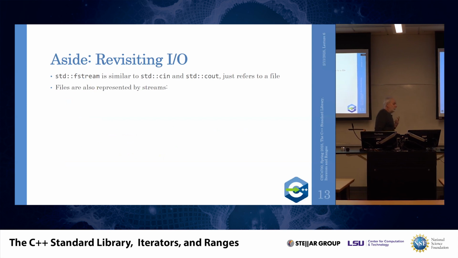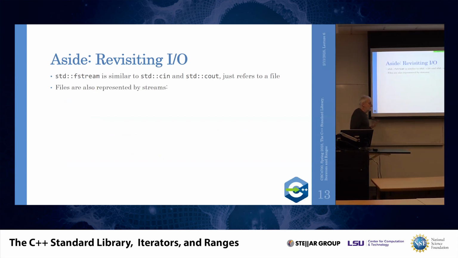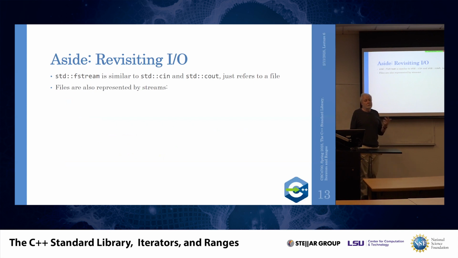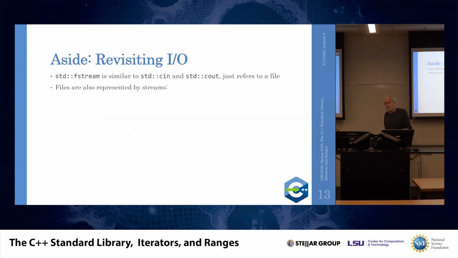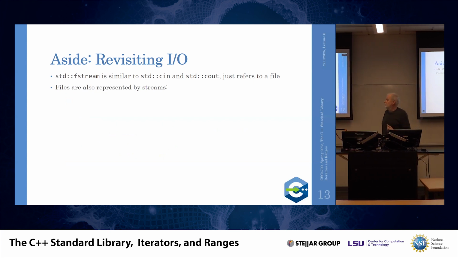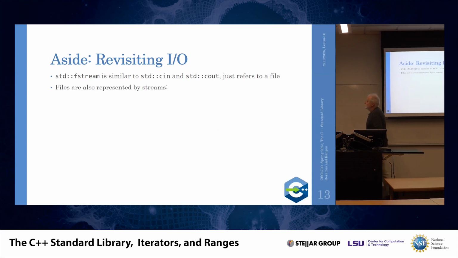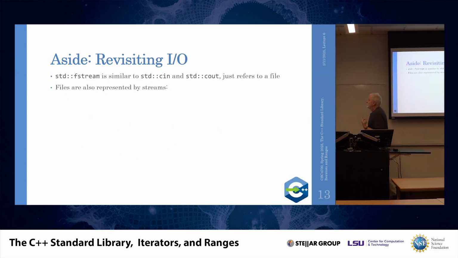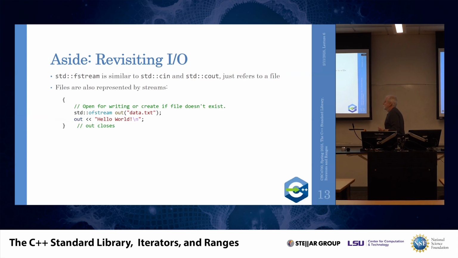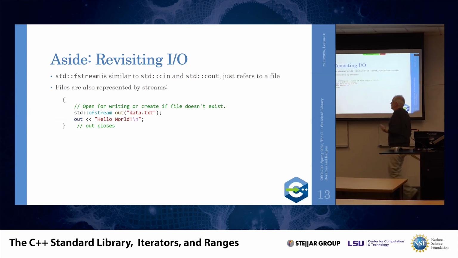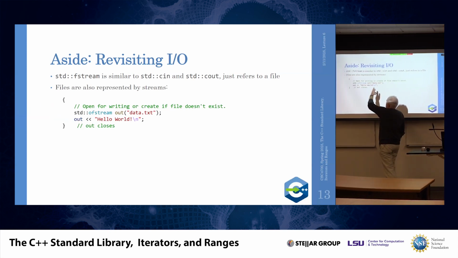Because what C++ also can do, you have streams that represent files. In the same way as you have a stream that represents your keyboard and your terminal, you have special types, std fstream, that represent files. So what we can do, we can create a new ofstream, which we call out.